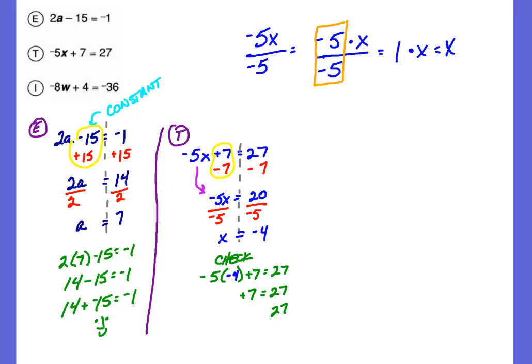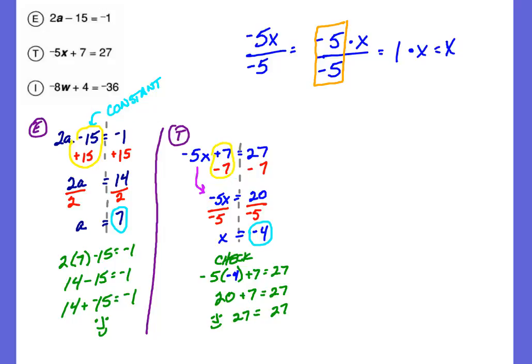Well, if I had put negative 4, I'd have negative 5 times negative 4 is 20, because the signs are the same, and 20 plus 7 is 27. Now I can be comfortable with my answer. So the answer to this one, negative 4. The answer to this one, positive 7.